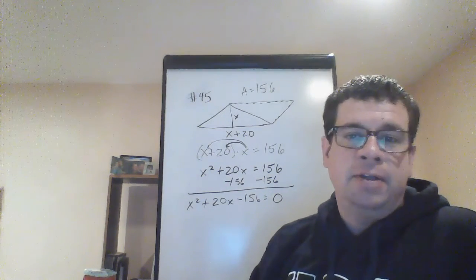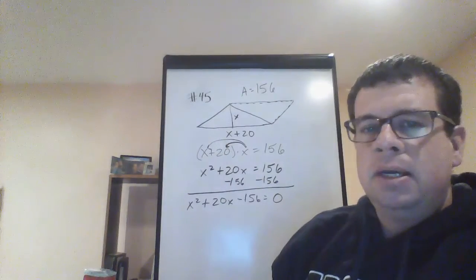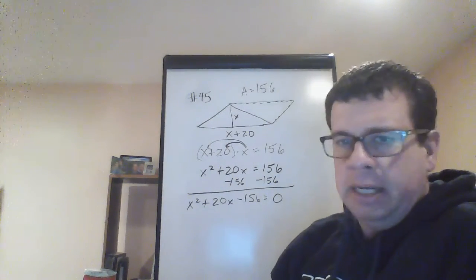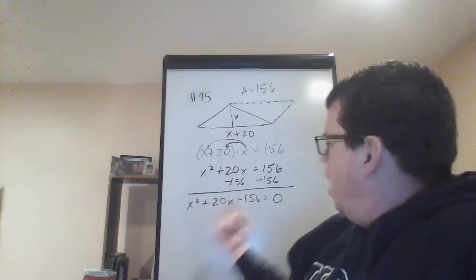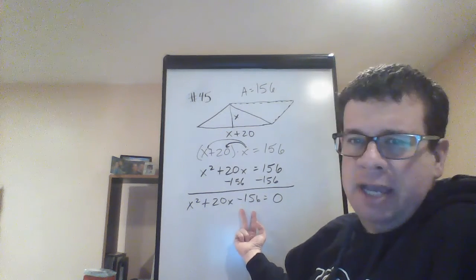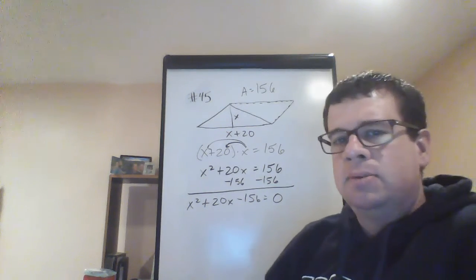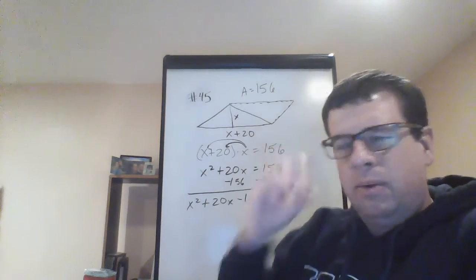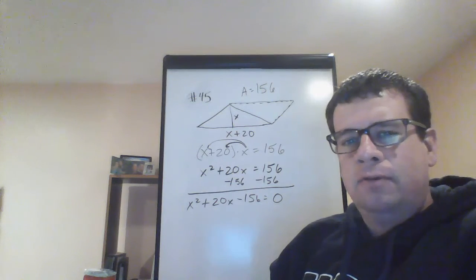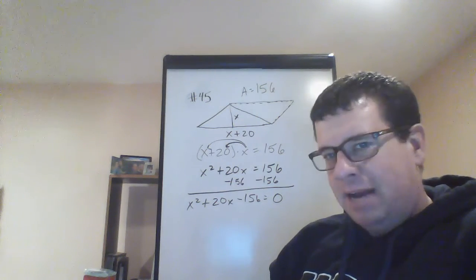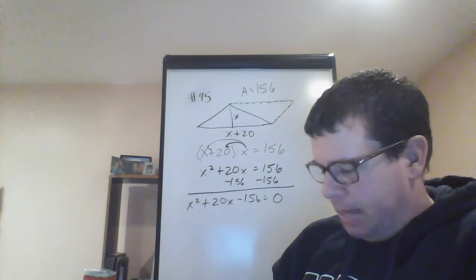Now I want to factor that left-hand side, and I'll be honest, I don't remember what the answer is. I know I'm looking for factors of negative 156 that add up to 20. So two numbers that when I multiply them together, I get negative 156, but when I add them together, I get positive 20.